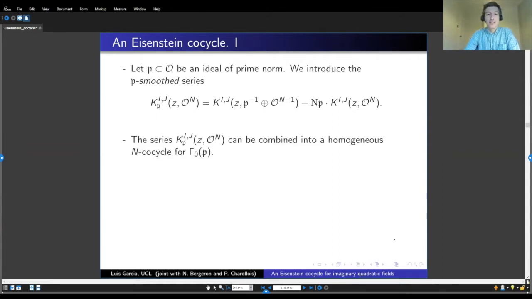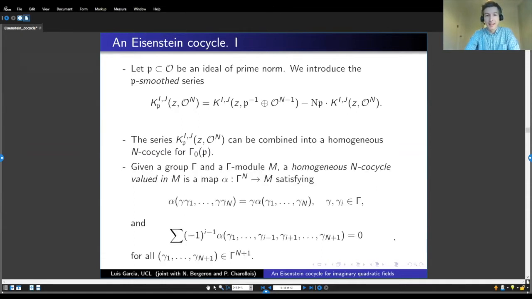Okay, so what I'm about to state is that these series can be combined into a homogeneous cocycle for the group Gamma_0. Before I state that, let me remind you what this means. If you have a group Gamma and a Gamma-module M, then a homogeneous n-cocycle is a map from n-tuples of Gamma to M, satisfying these two properties here.